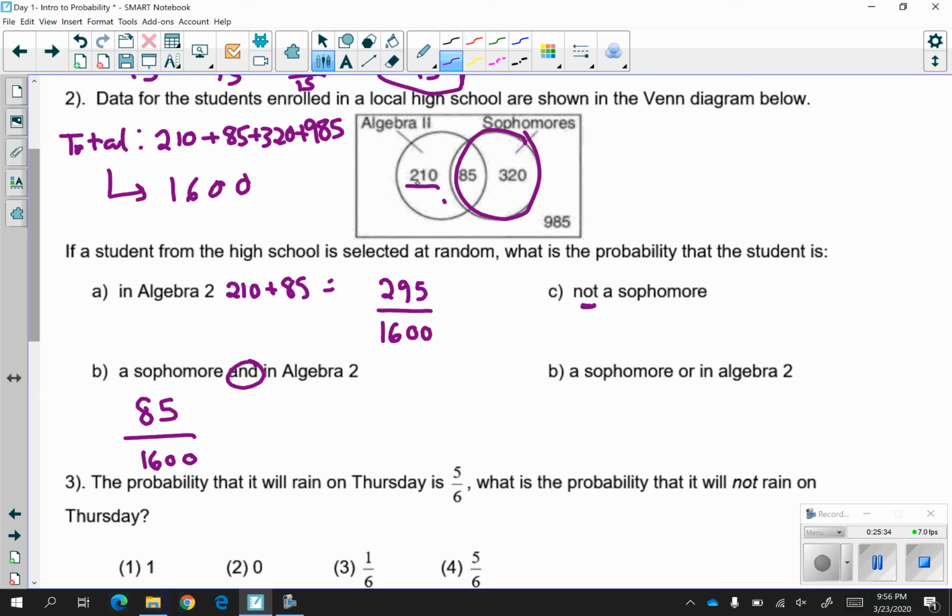So these 210 aren't sophomores. These 985 people aren't sophomores. So 210 plus 985 is going to give you 1,195 over 1,600 people.